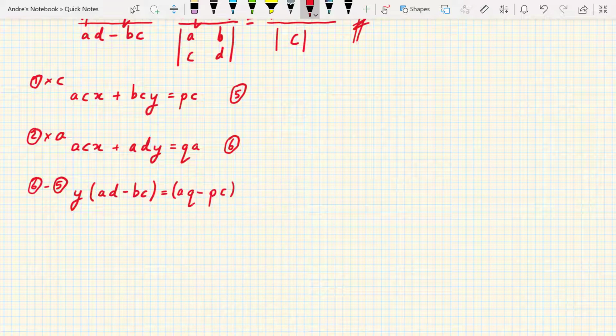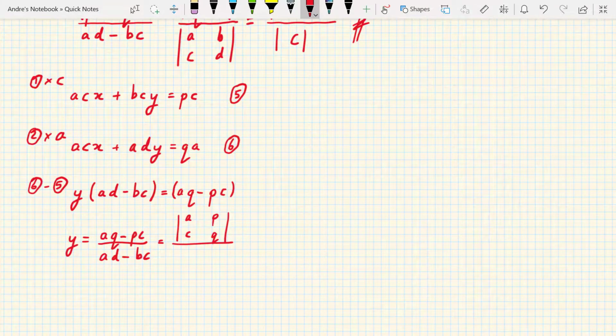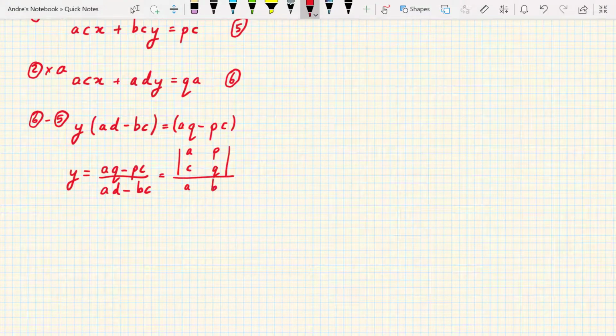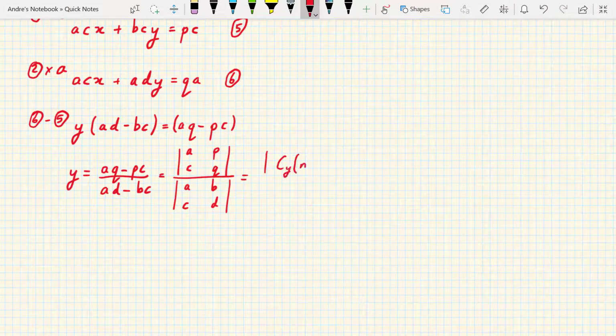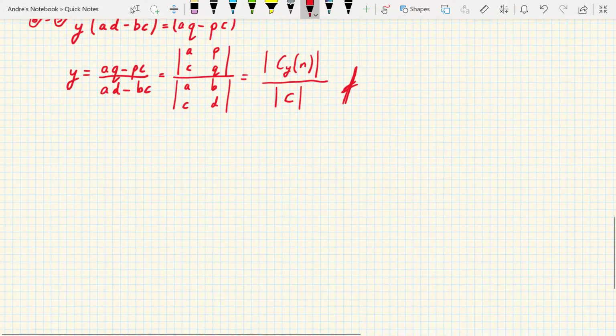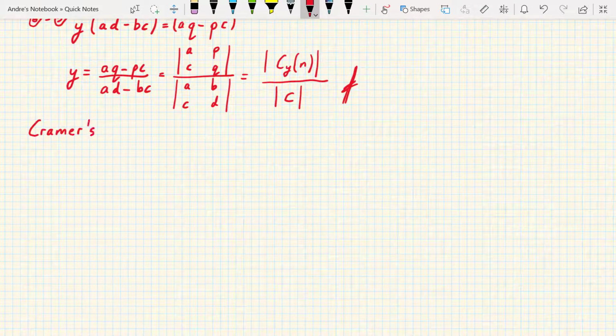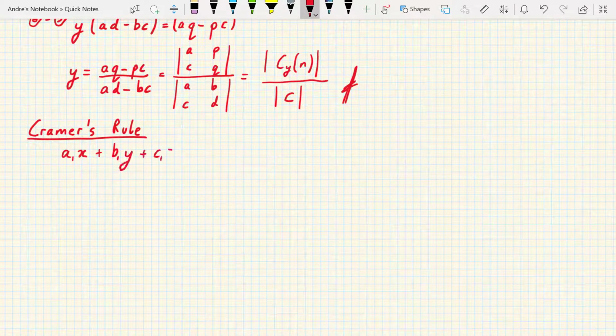So y equals AQ minus PC over AD minus BC, which we can write as the determinant of APCQ over the determinant of ABCD. In turn, we can write this as the determinant of CYN over the determinant of C. While this isn't a proof of Cramer's rule, it's certainly suggestive of the result, which is as follows.